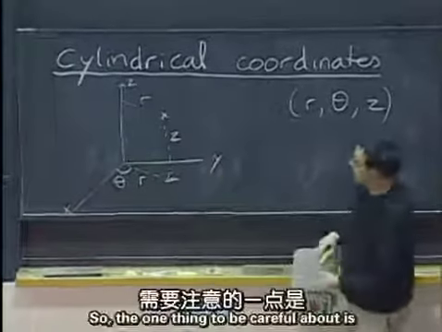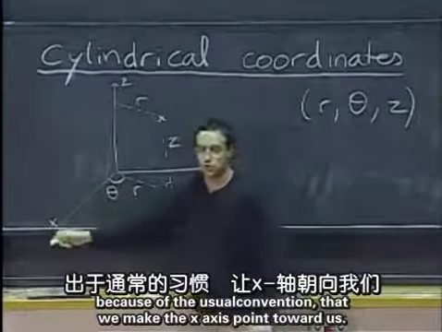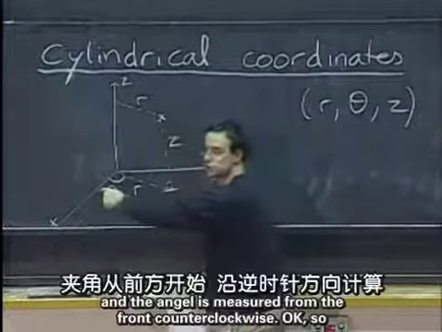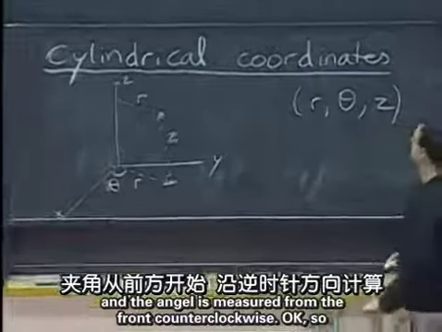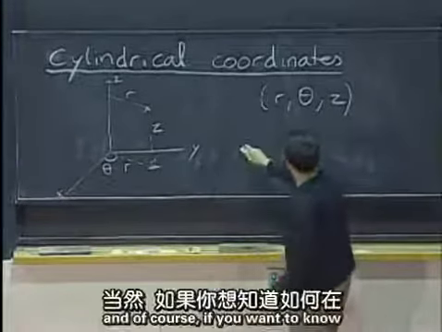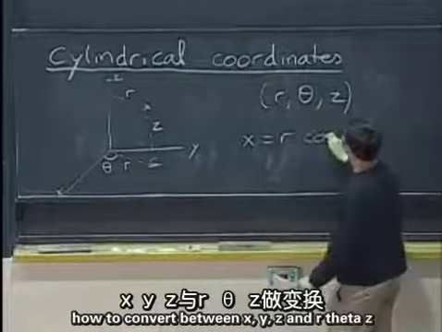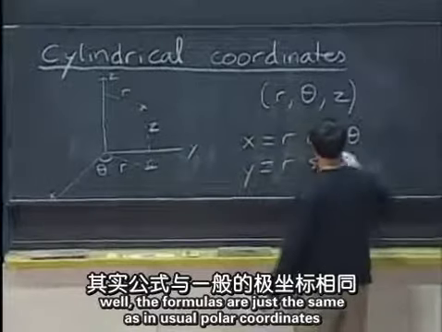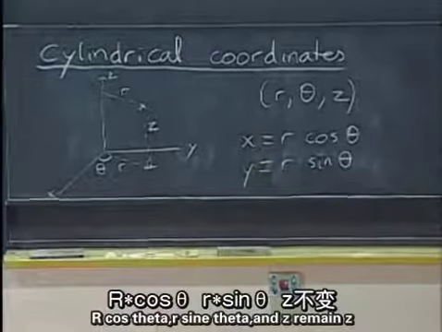The one thing to be careful about is because of the usual convention that we make the x-axis point toward us, theta equals 0 is no longer to the right. Now theta equals 0 is to the front, and the angle is measured from the front counterclockwise. And of course, if you want to know how to convert between x, y, z and r, theta, z, the formulas are just the same as in usual polar coordinates. R cos theta, R sin theta, and z remains z.